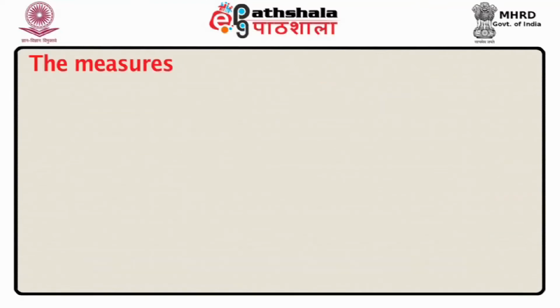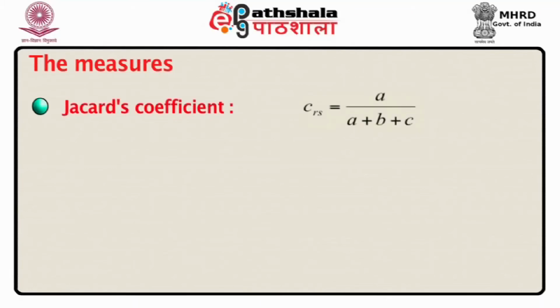Now again, there are three types of measures that we can look at. The first of these is the Jaccard's coefficient, given by C_RS equal to A by A plus B plus C. Note that D is left out. I'll come back to this later on.